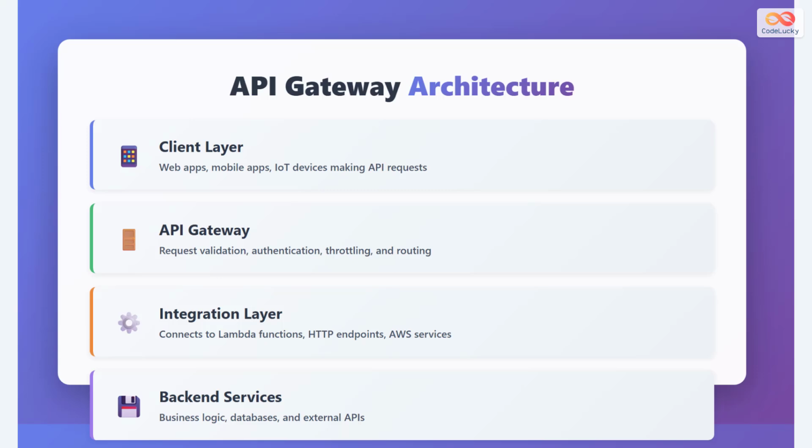Understanding the API Gateway architecture helps visualize how requests flow through the system. At the client layer, web applications, mobile apps, and IoT devices make API requests to your service. These requests first hit the API Gateway, which performs request validation, authentication, throttling, and routing.